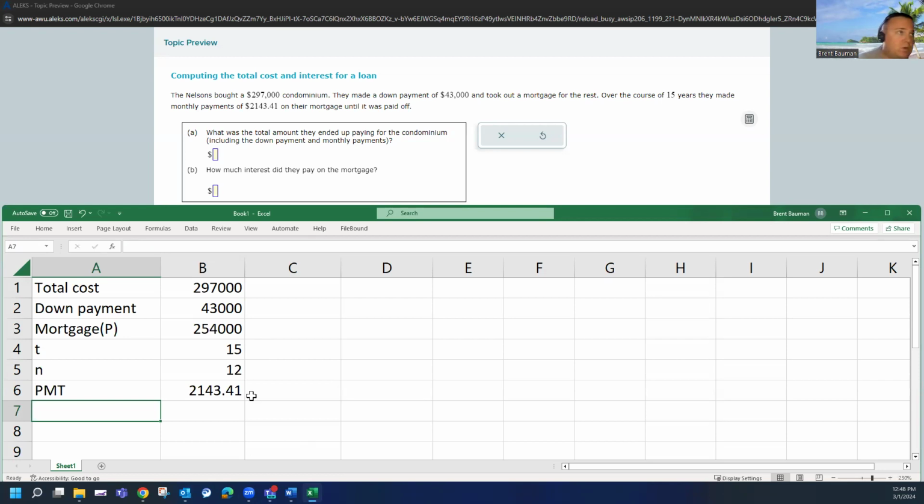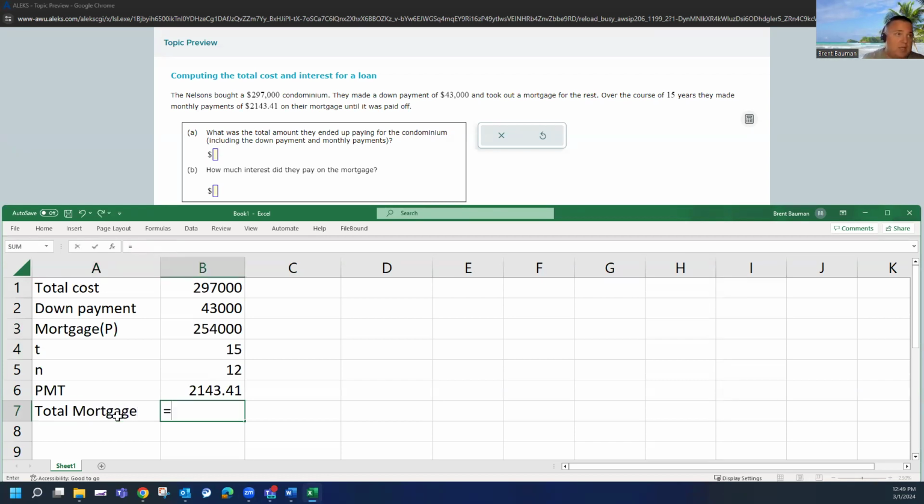Okay, so we know that we have a payment of $2,143.41 for 15 years at monthly, so every month. So this is how much we're going to pay on the mortgage. So let's total the mortgage.